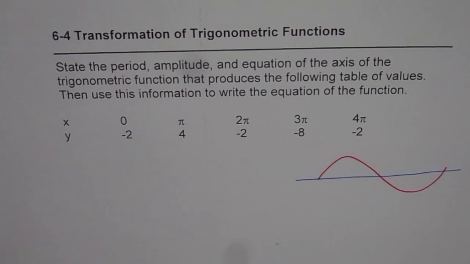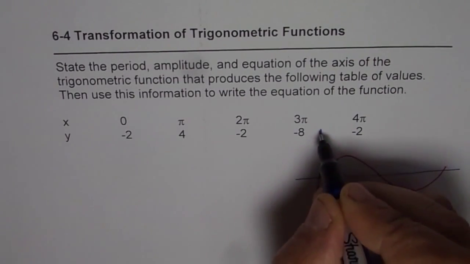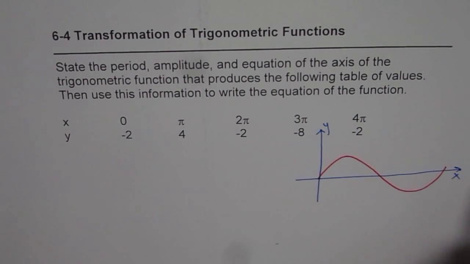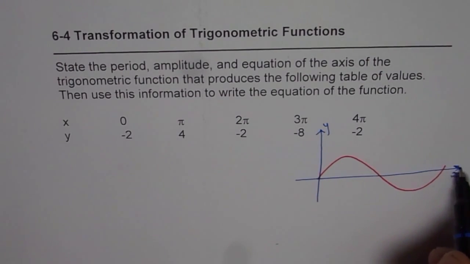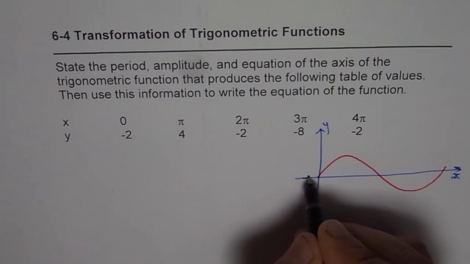So what we can do here is draw the coordinate axes. This is y, and this is the axis of symmetry. The x-axis will be somewhere else, we'll figure it out. So this is minus 2 for us.